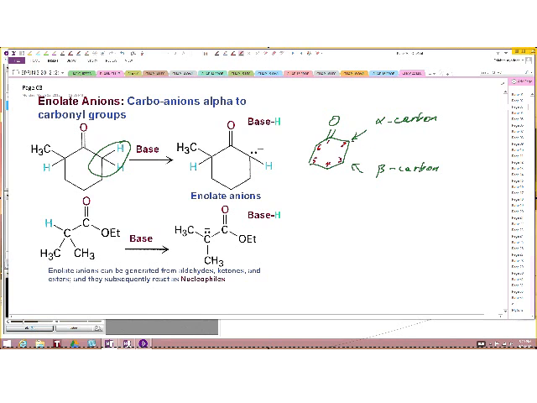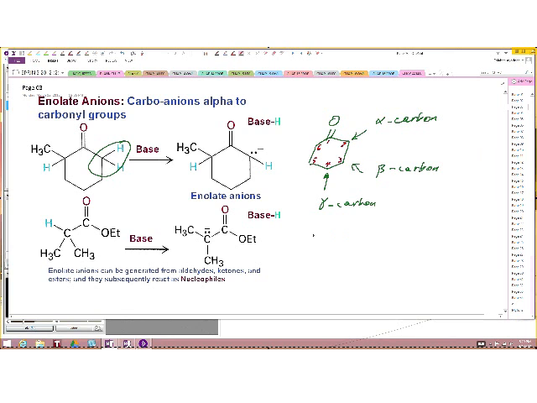Similarly, the hydrogens that are attached to the alpha carbon are referred to as alpha hydrogens. Now, this carbon number 4 here, we refer to as the gamma carbon, and that also means all of the hydrogens that are attached to that carbon are referred to as gamma hydrogens.